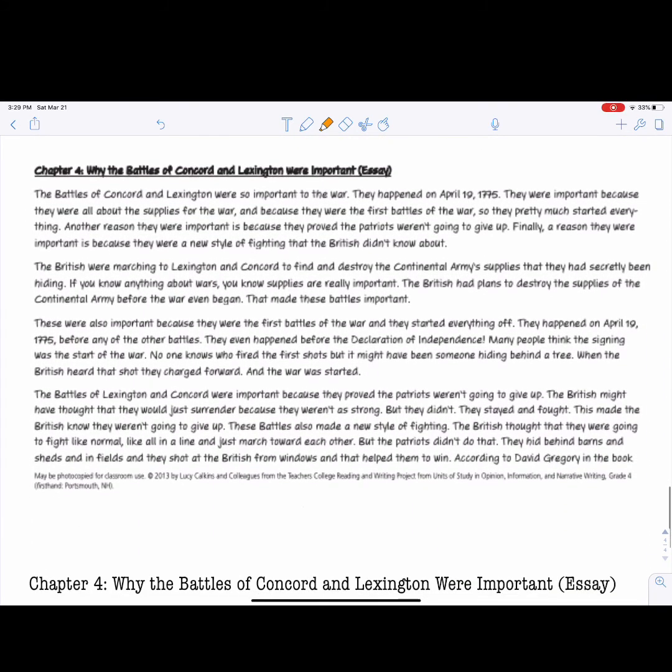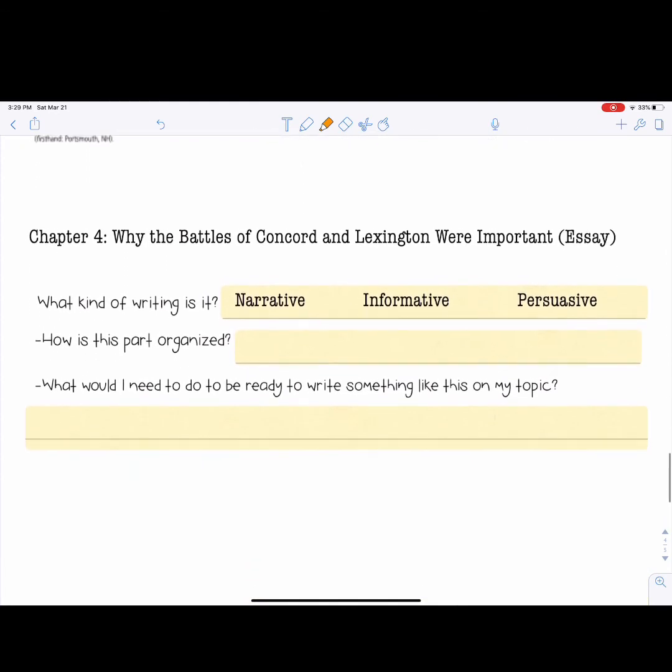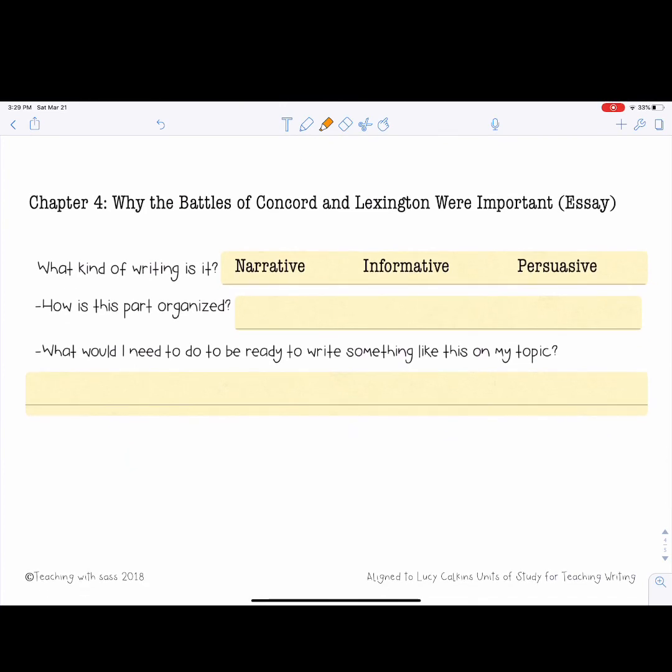And finally, Chapter 4. Why the Battles of Concord and Lexington Were Important. Looking at our questions that go with Chapter 4. What kind of writing is this particular part of our mentor text? How is it organized? And what would you need to do to be ready to write something like this?